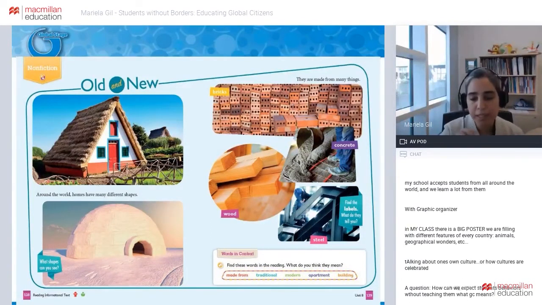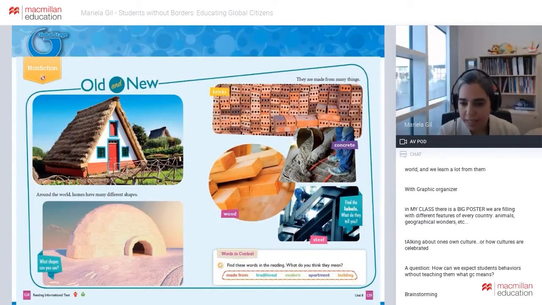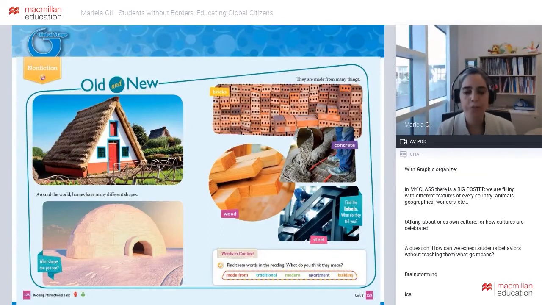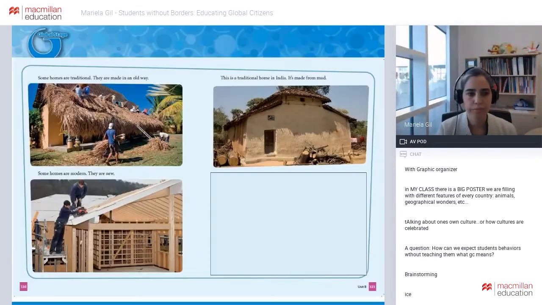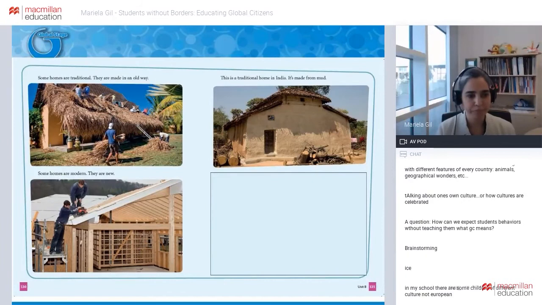So you see we have bricks, concrete, wood, steel, and then it says find the labels. What do they tell you? Some homes are traditional. They are made in an old way. And you see the image up here of an old home, of a traditional home. Some homes are modern. They are new.